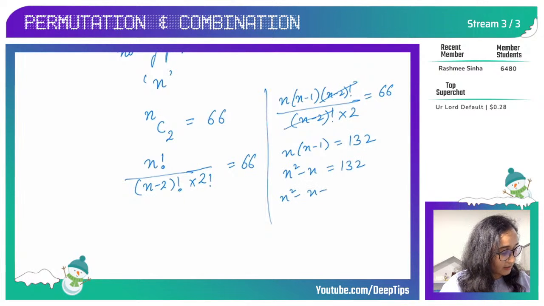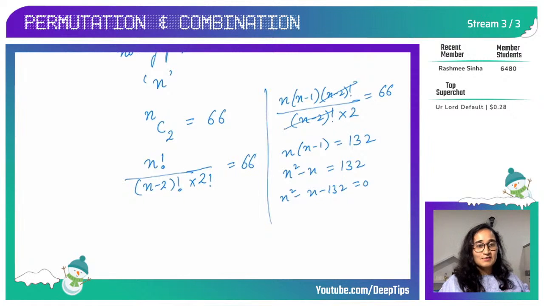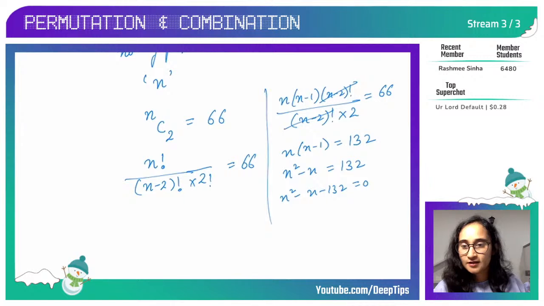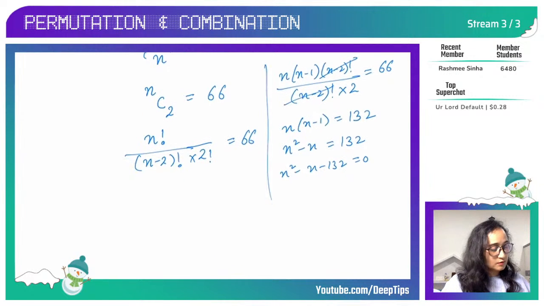So when I bring this here, I get a quadratic equation. I am sure those who are in grade 11 or 10 know how to solve this quadratic equation by splitting the middle term, right? So n square minus n minus 132 equals 0, and I know 12 times 11 gives me 132.